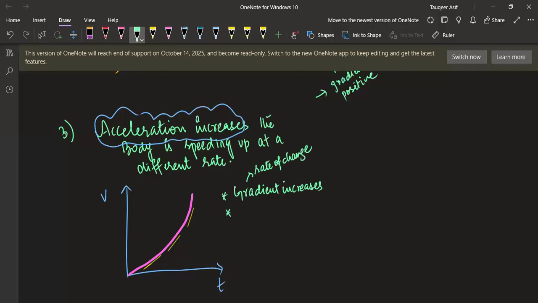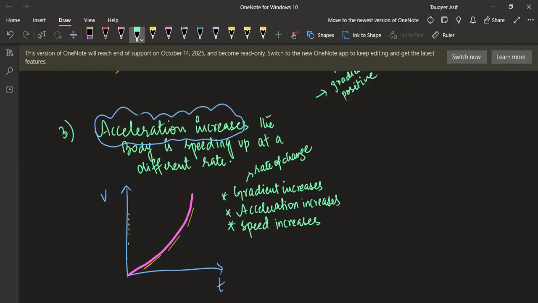Number two, acceleration is increasing. That's how we have developed this graph. Acceleration increases. It's no more a constant. And third thing, is the speed increasing or decreasing? Increasing. Yes, speed increases. Clear?